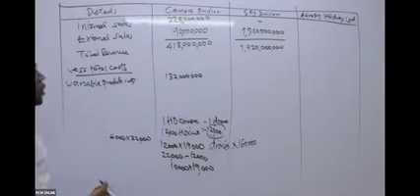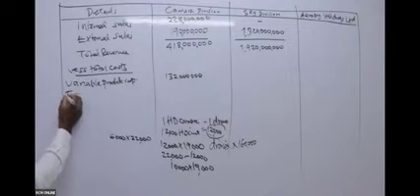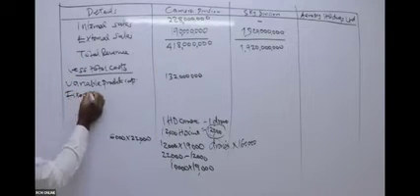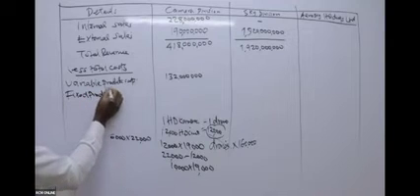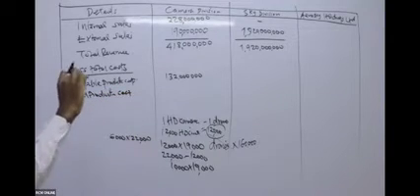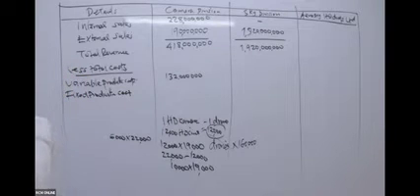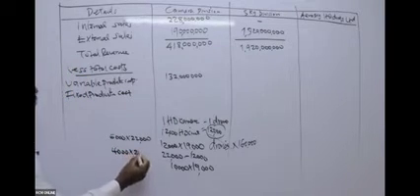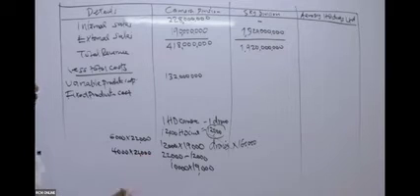Good. Then we have fixed production cost. So what is our fixed production cost? It was 4,000 per unit, multiplied by full production, or full capacity. 4,000 by 22,000.